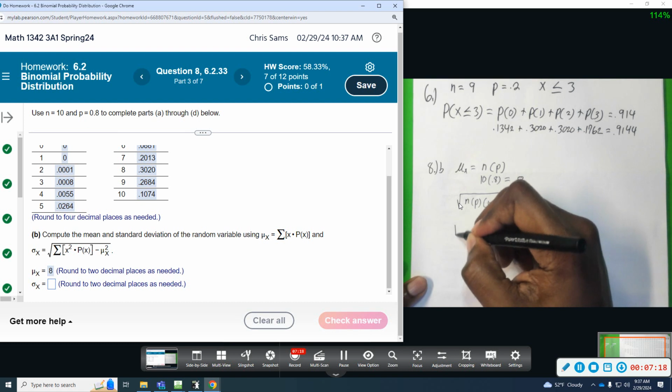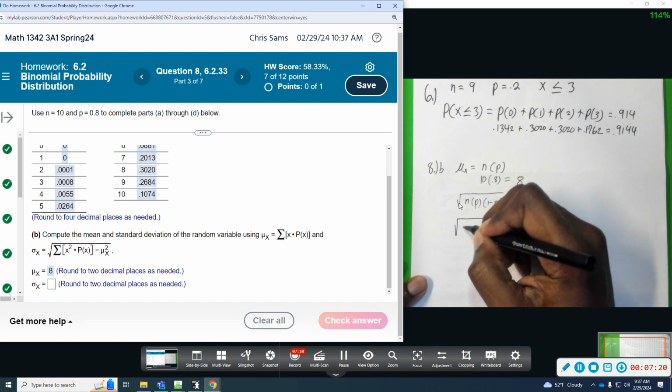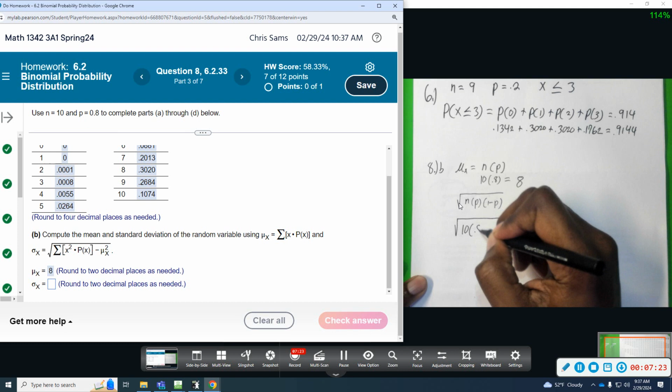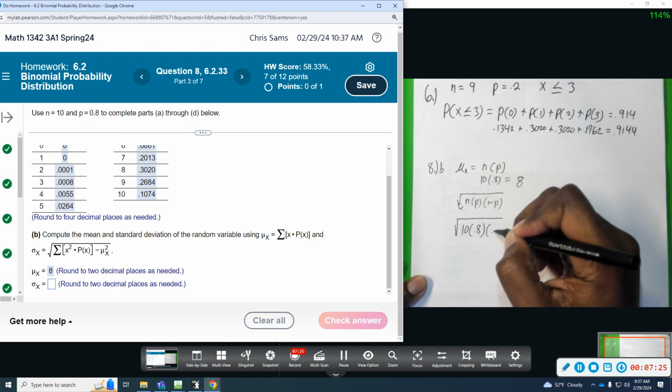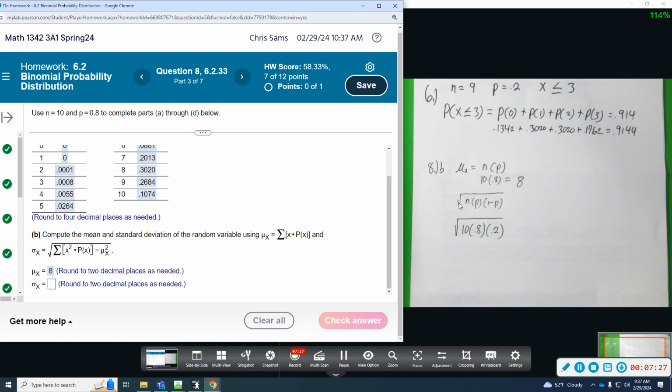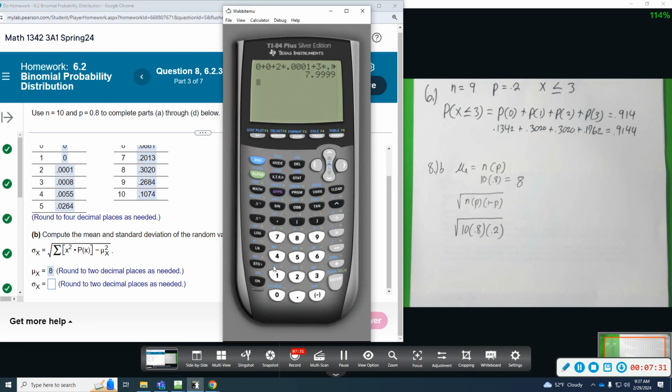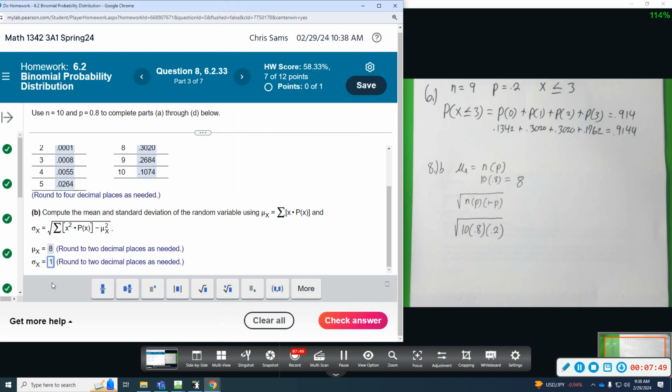We're going to do the square root of 10 times 0.8 times 0.2. And we get, rounded to 2 decimal places, 1.26, and that will not round up.